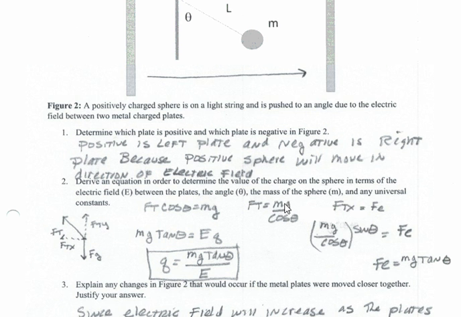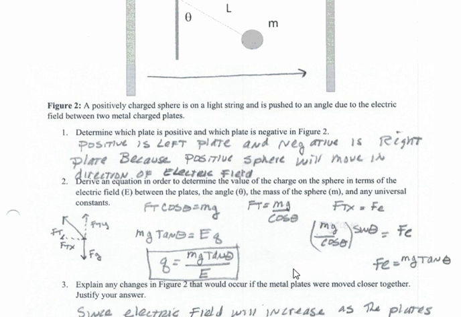Okay, I'm going to put force tension in here. I'm going to multiply that by the sine of theta to get equal force electric. Force electric equals mg tangent of theta.